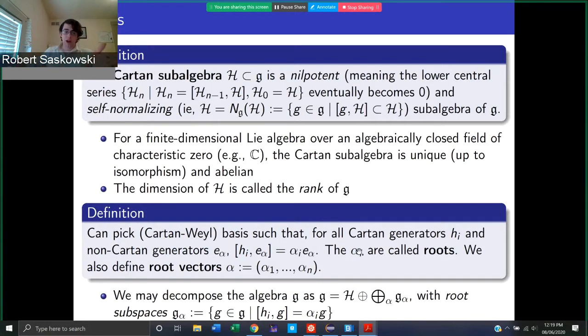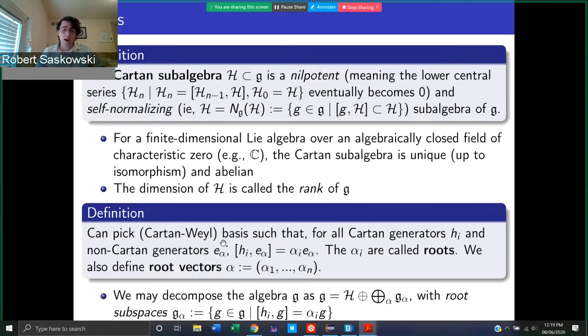Once we have the alpha i's, since we have n Cartan generators, we can assemble these into an n-dimensional vector by setting components alpha 1 through alpha n, and this is known as a root vector. It's very common to refer to the root vector simply as a root. And these root vectors label the non-Cartan generators.